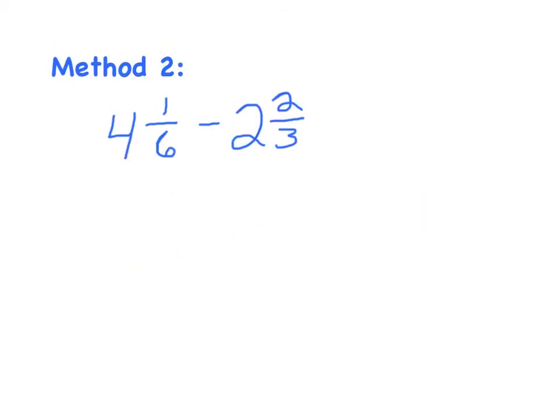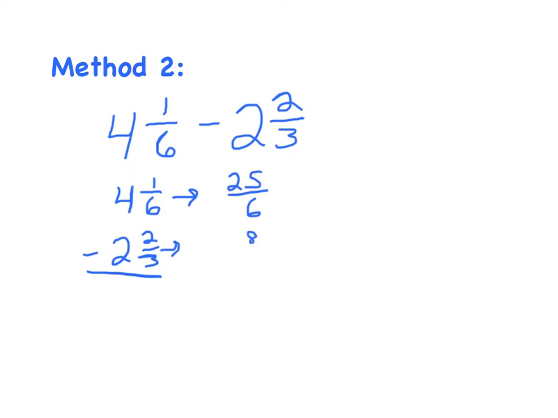Whereas when I look to my second method, it's going to be the 4 1/6 minus 2 2/3. I change to the improper fraction, which in this case 4 1/6 becomes 25/6. The 2 2/3 becomes 8/3.